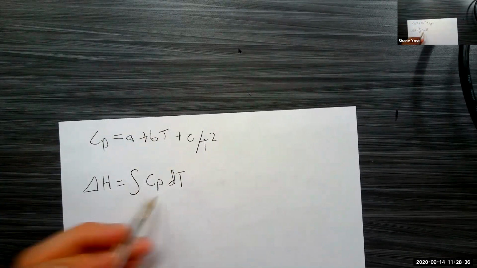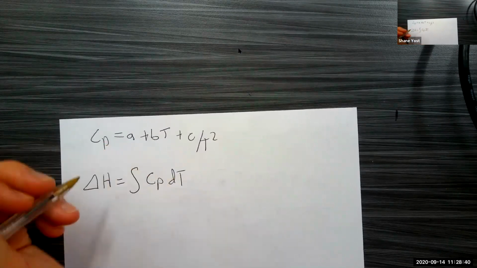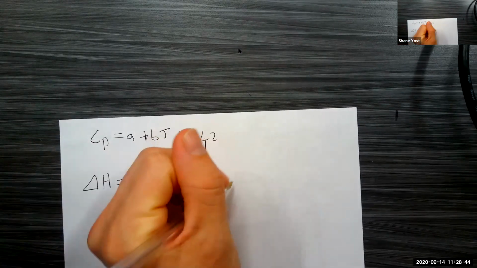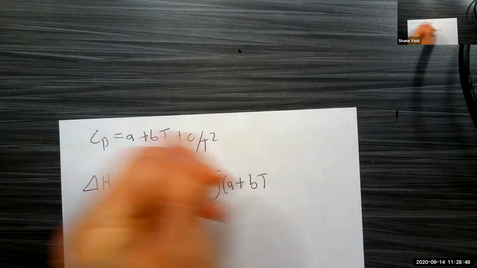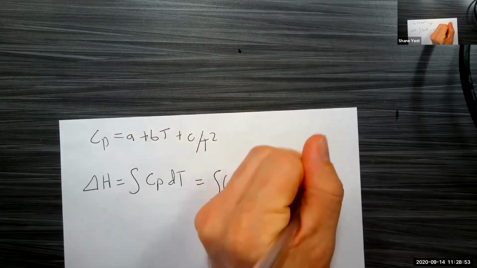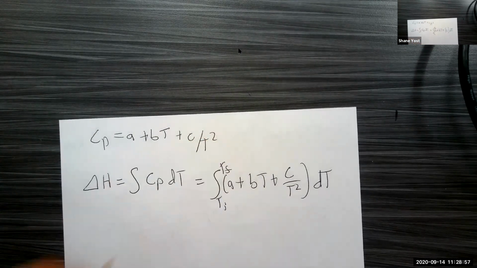If Cp is a constant, then that's just Cp delta T. In this case, Cp is not a constant, and so this is the integral of A plus BT plus C over T squared dT, from some T initial to T final.